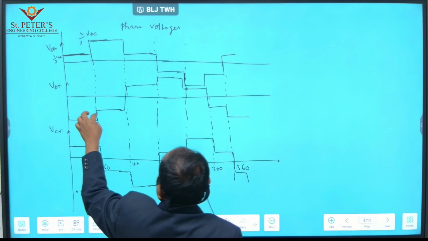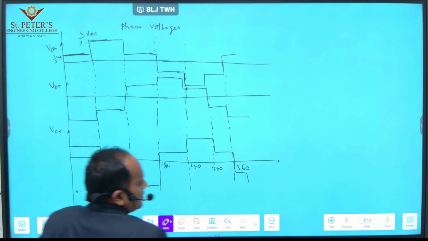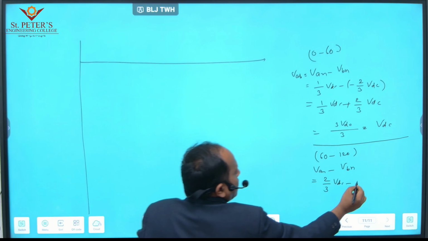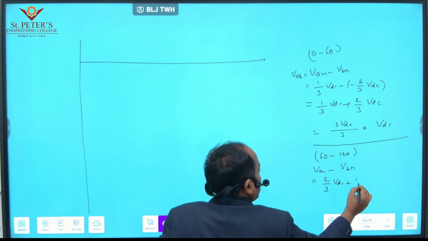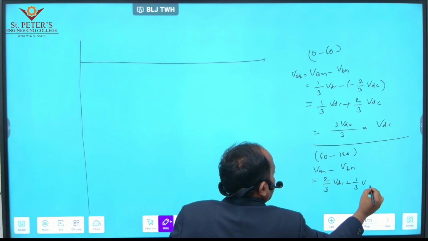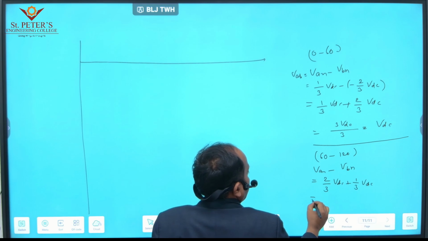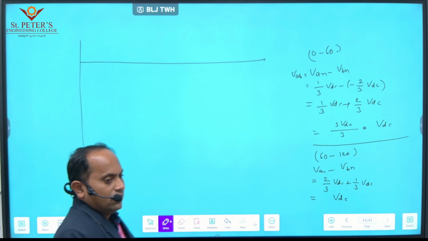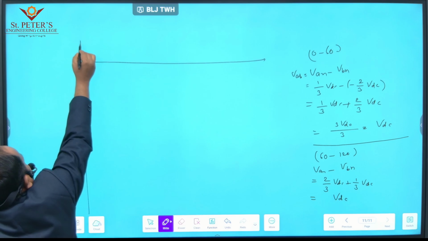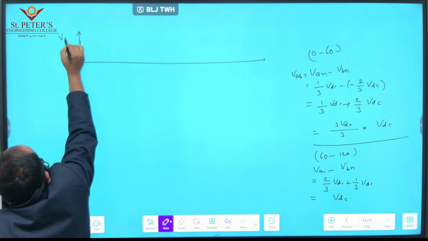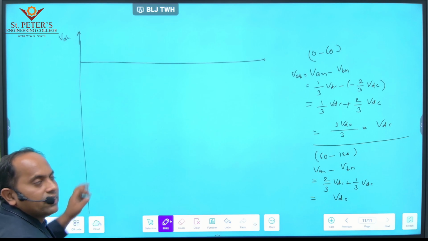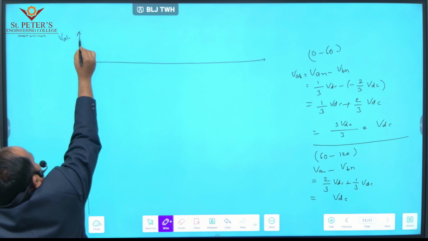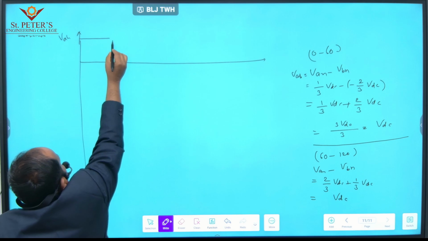VBN is minus 1 by 3 VDC. So that is minus of minus, that is plus 1 by 3 VDC. That's why again we get VDC. So from 0 to 60 VAB we get VDC, and from 60 degrees also VDC.